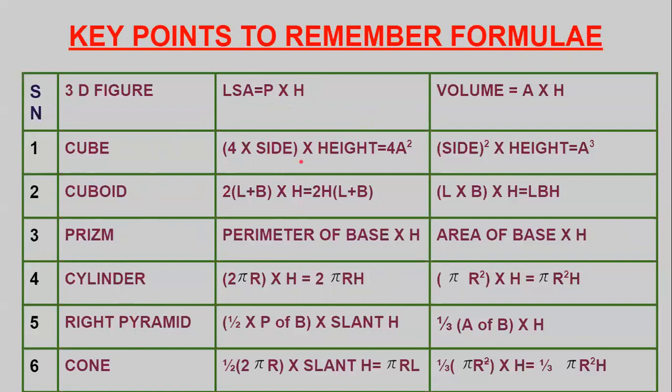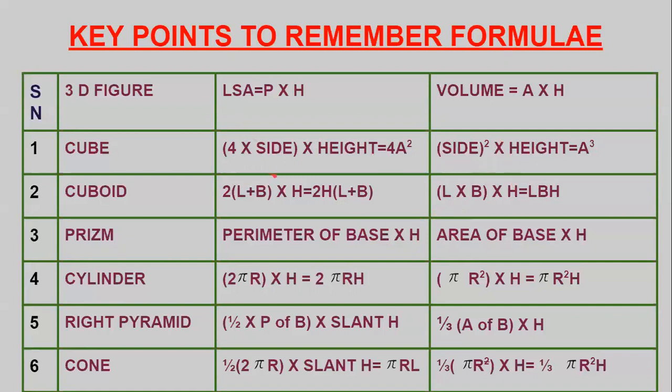If you know the area and perimeter of a square, rectangle and circle very well, you can easily find out the LSA and volume for all these 3-dimensional figures. And there is a correlation, a connection, between the cylinder and cone, and cube and pyramid.